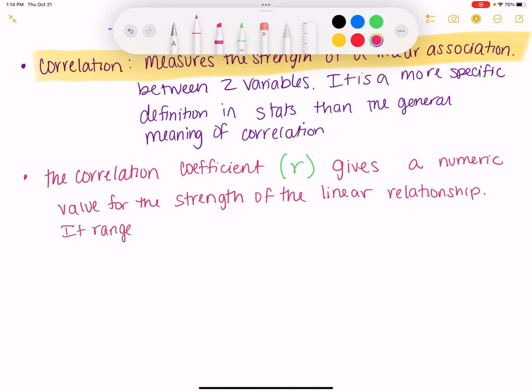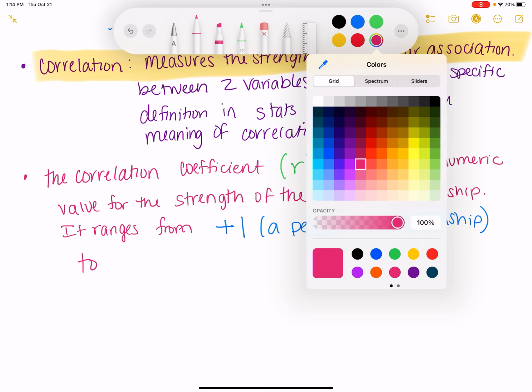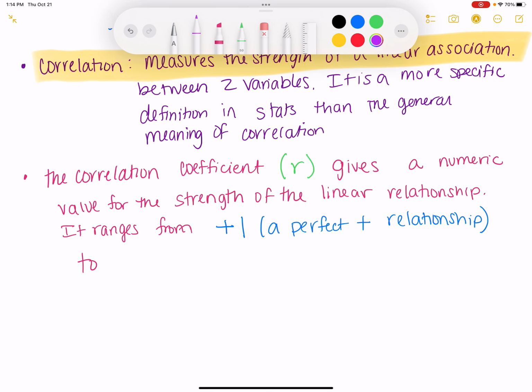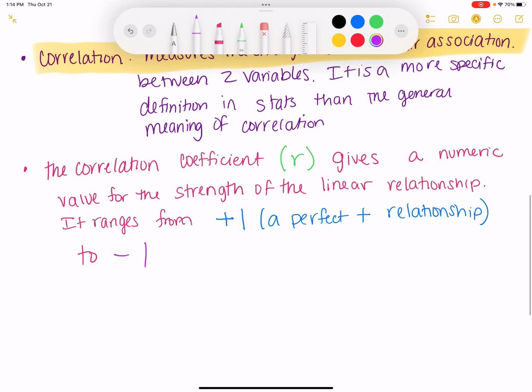It ranges from +1, which is a perfect positive relationship, to -1, which is a perfect negative relationship.